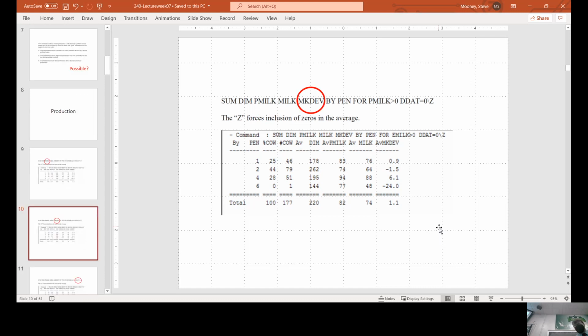So MKDEV, what might that be? Milk deviation. So what we're doing with our cows, for each cow, we're projecting a lactation curve.